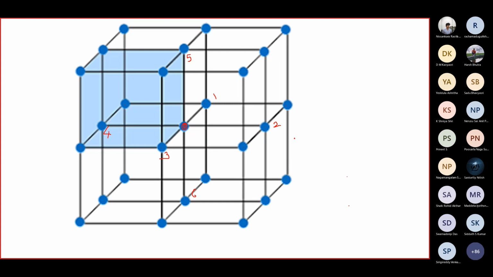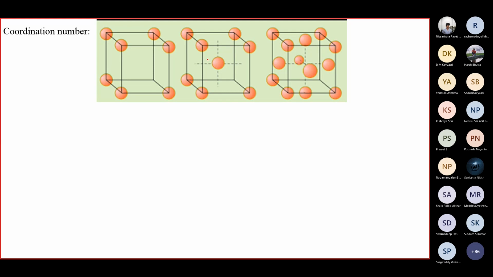Now, what is the coordination number for body-centered cubic? Let's say this is the body-centered cubic. So let's consider this atom which is at the center. How many nearest neighbors does it have? 8, sir.